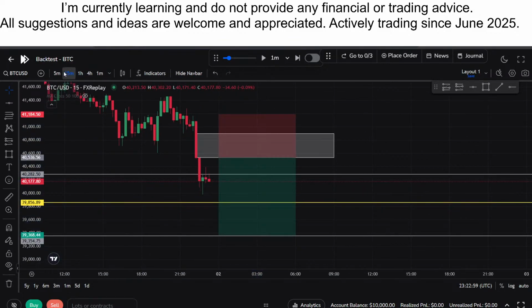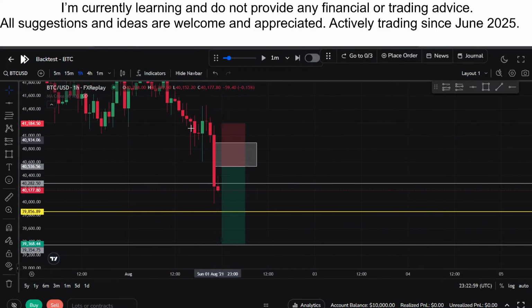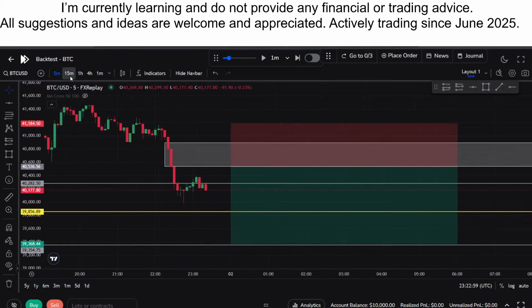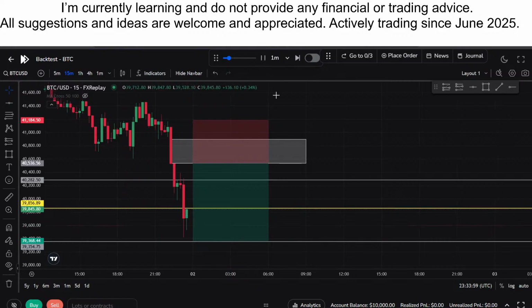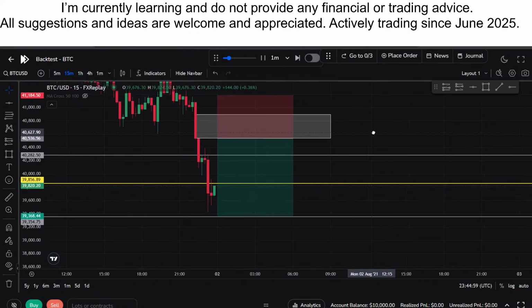And in the 1 hour chart, is there anything? In the 1 hour chart we can see the fair value gap also, in the 15 minute chart, and of course in the 5 minute chart. Okay, now let's play. Okay, we missed the trade. It's coming up.